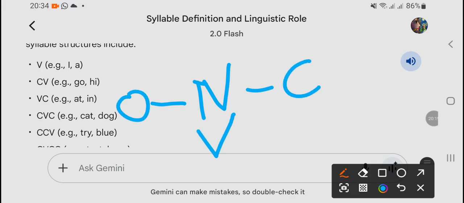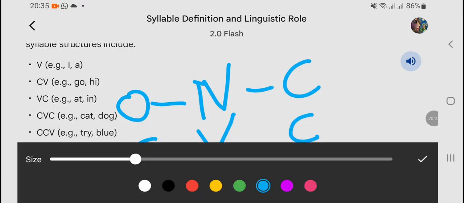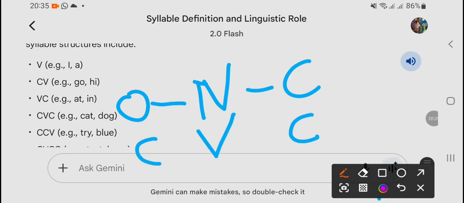Nucleus is the vowel, and C is a consonant. So this is the common expression of a syllable.